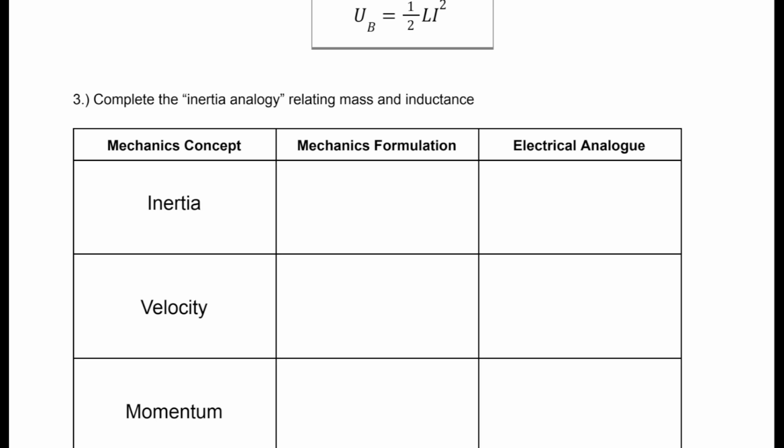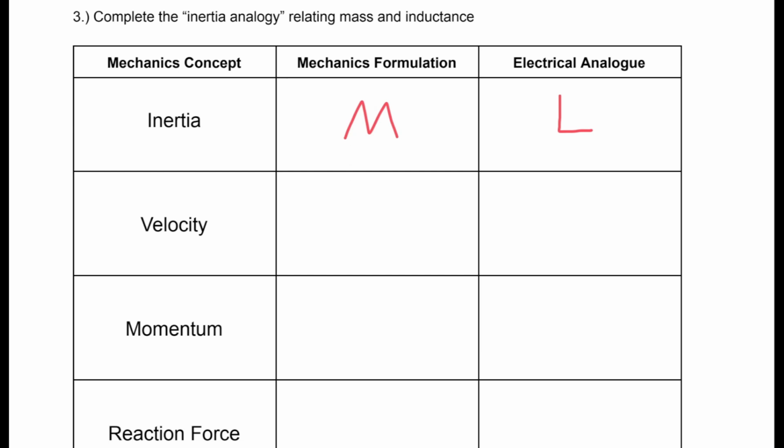So the mechanics formulation of inertia is just the mass m, and its electrical analog is the inductance L. Then velocity, in mechanics, we just call that v. And the equivalent of electrical velocity would be current.